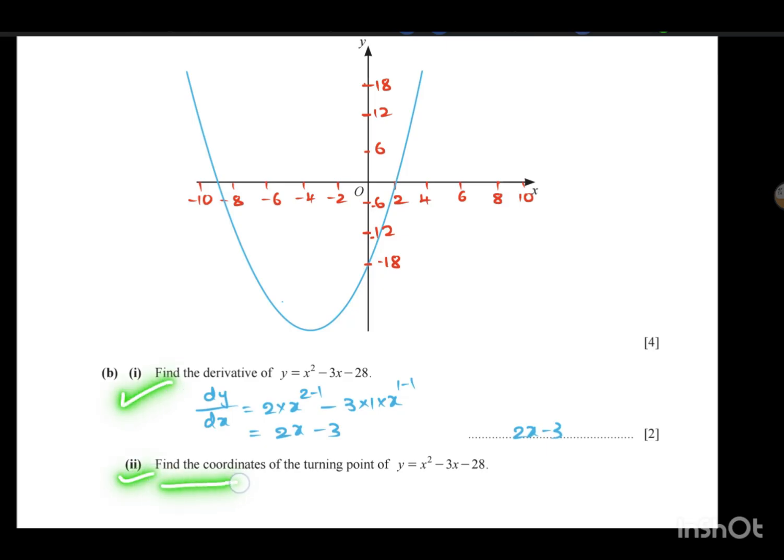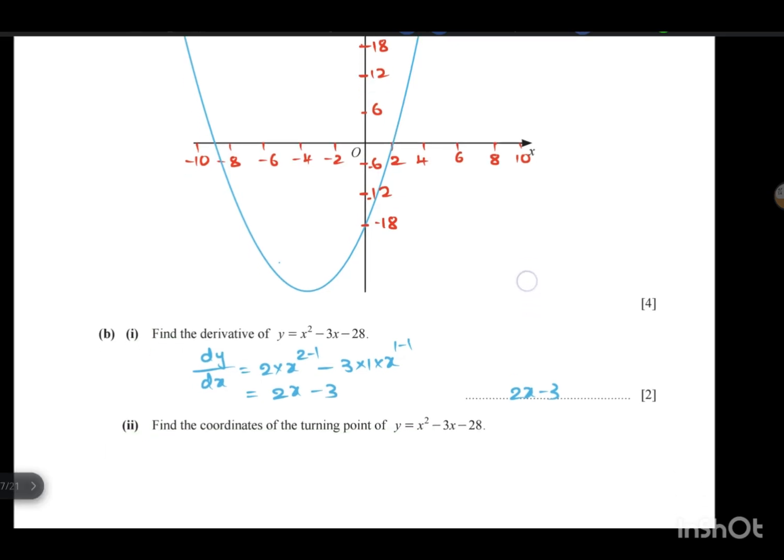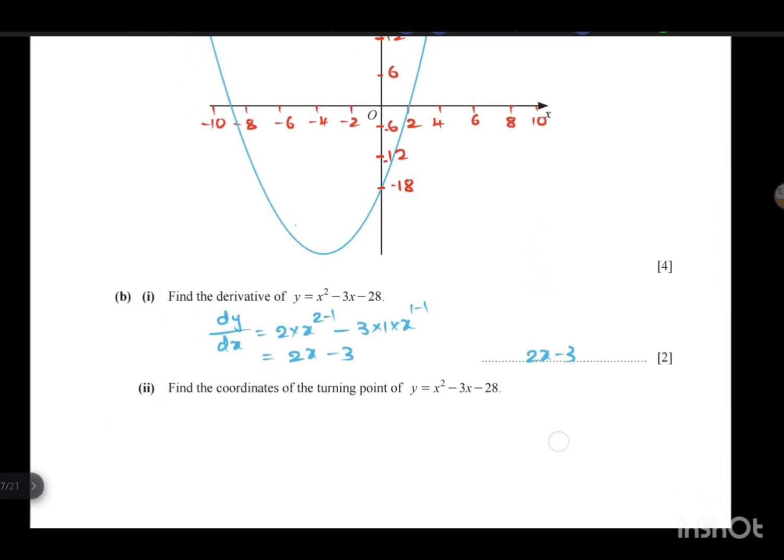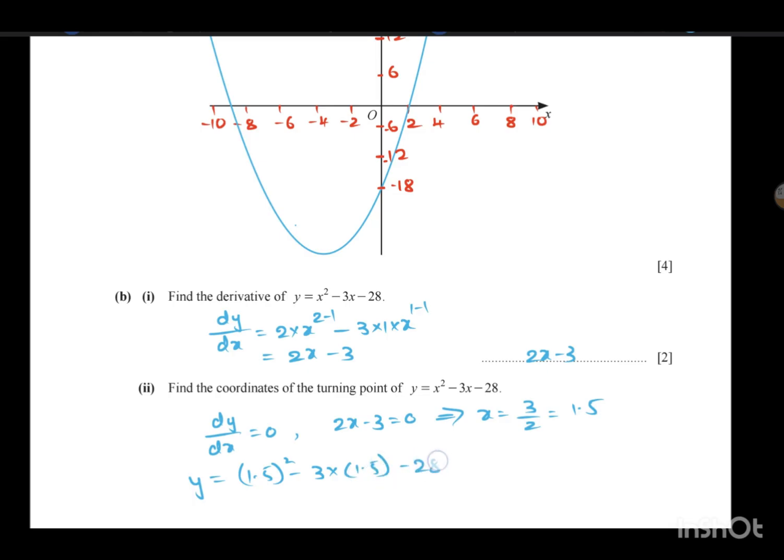Now 2. Find the coordinates of the turning point of y is equal to x square minus 3x minus 28. Now to find the turning point, we need to take dy by dx as 0. So 2x minus 3 is equal to 0. We get x is equal to 3 by 2, which is 1.5. So the turning point will be, now when x is equal to 1.5, y will be equal to 1.5 whole square minus 3 into 1.5 minus 28.